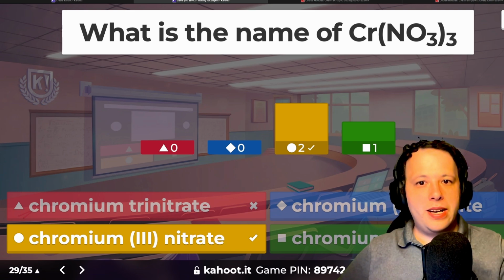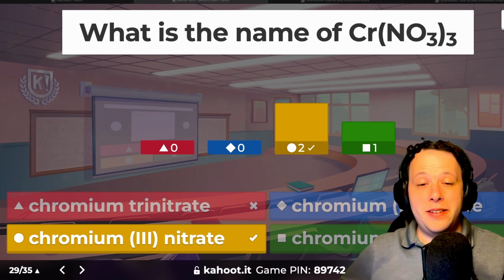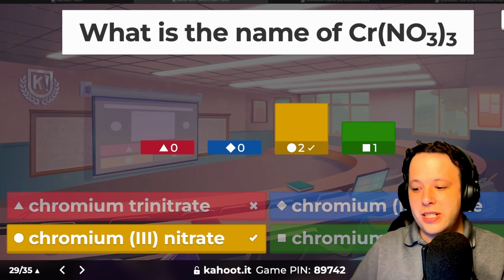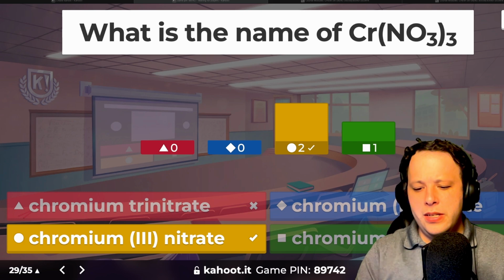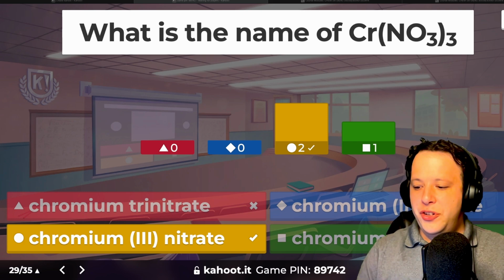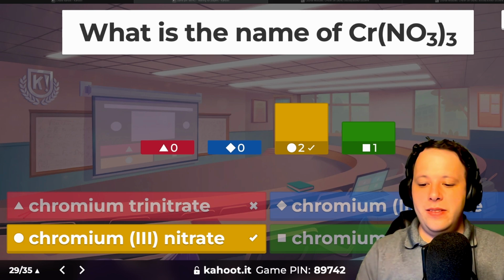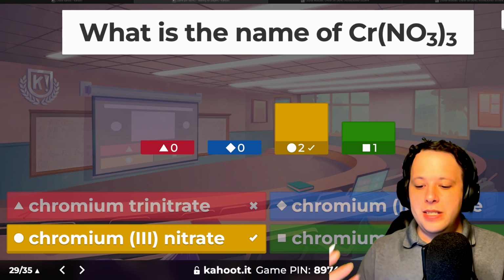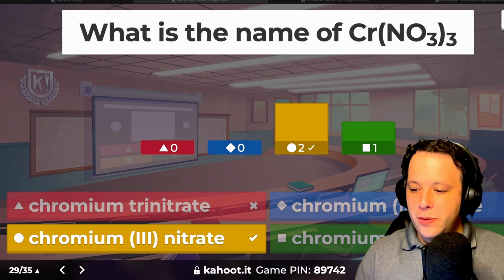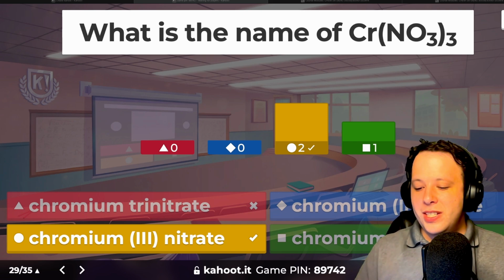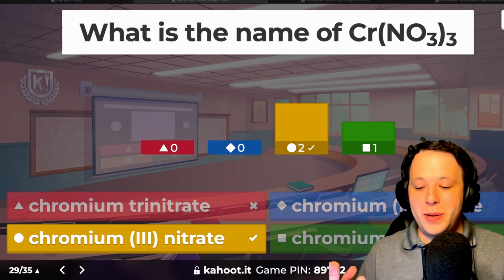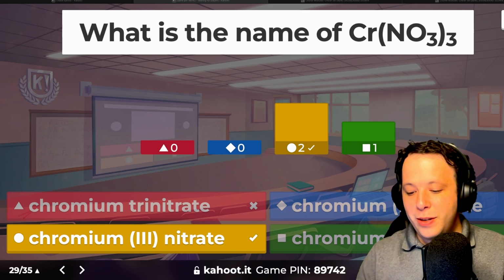Really the way to go through this kind of problem is identifying what the charge is of the polyatomic or whatever's predictable. So being that this is our formula, the charge of nitrate is -1. So what that means is that, being that you have 3 of them, you have 3 times -1. So what does the charge of chromium need to be to balance 3-?